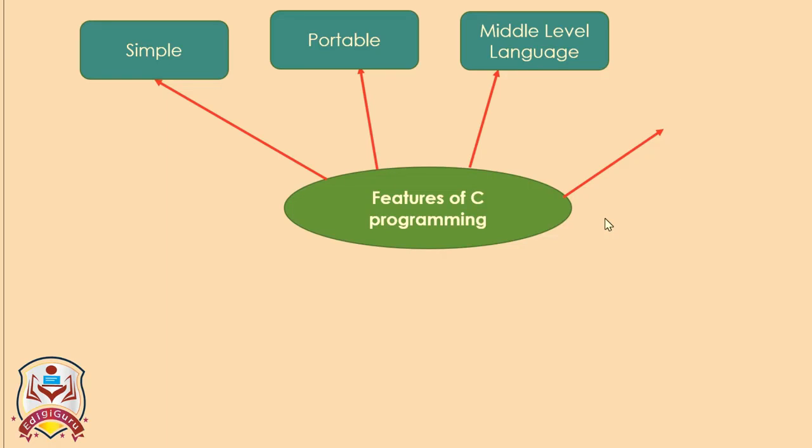The next and most important feature of C language is that it is called a structured programming language. C language is called a structured programming language since C uses functions. C supports functions, and that's why C is called a structured programming language.